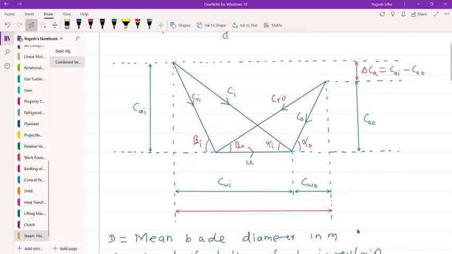From here to here, the change in whirl velocity is delta CW, and delta CW is equal to CWI plus CWO.